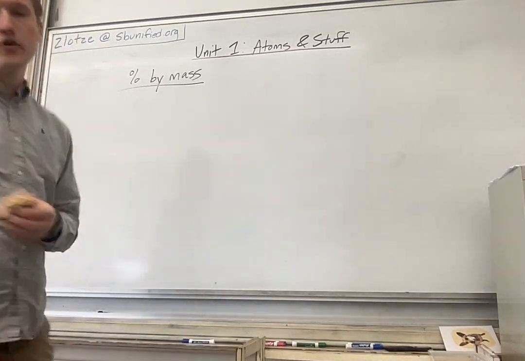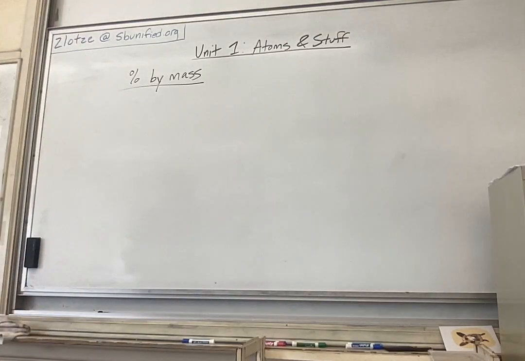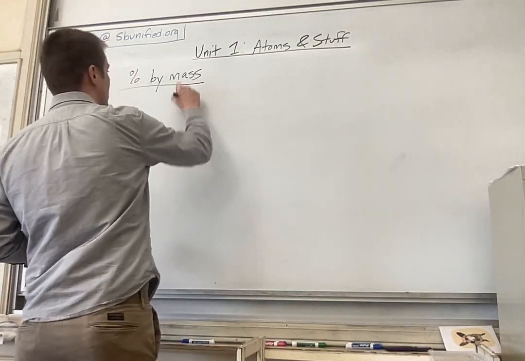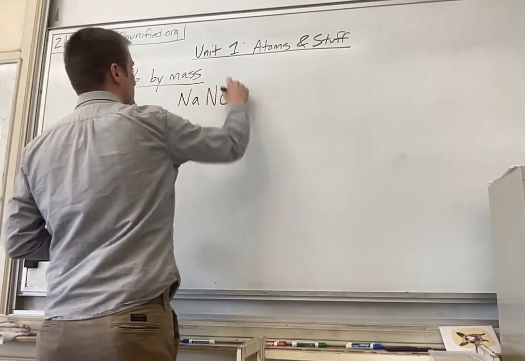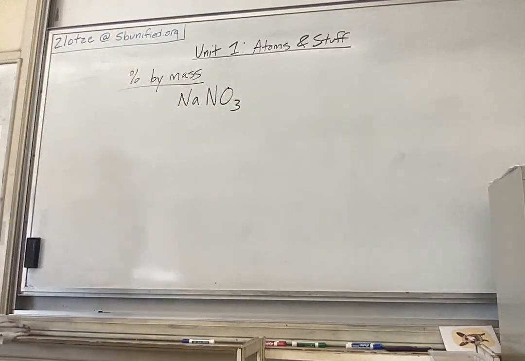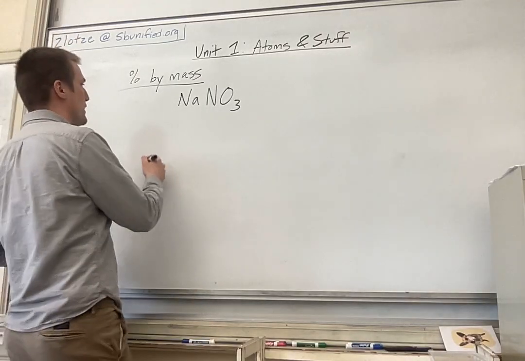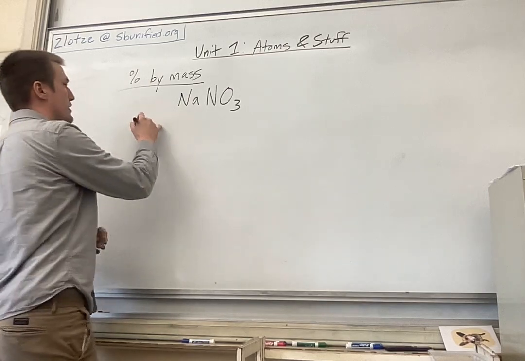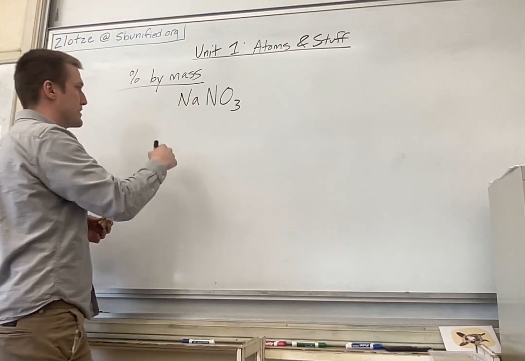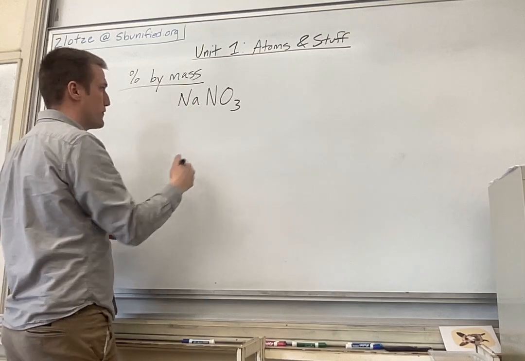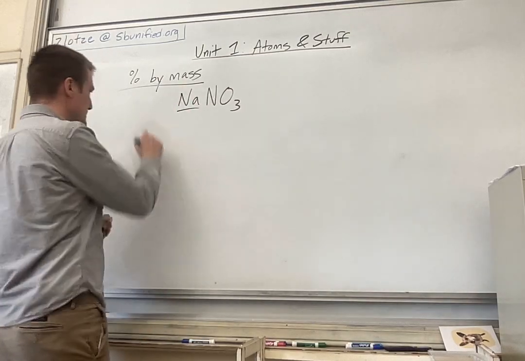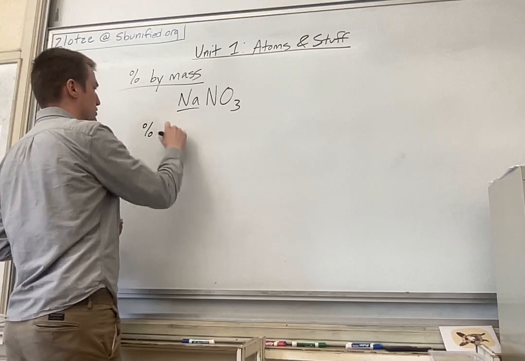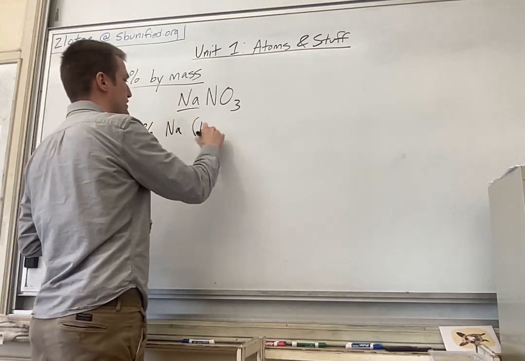All right, percent by mass. Let's say you have a compound. What's a compound I could give you? How about sodium nitrate? So you would need to figure out what percent, say you have some mass. What's the percent by mass of, I don't know, how about sodium? Percent sodium by mass.